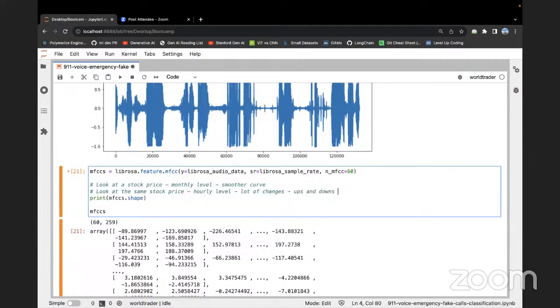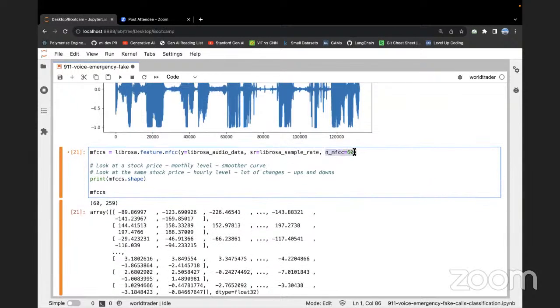Make sense, guys, all of you? If I look at a shorter time interval, I will see a lot of upward movement, downward movement, and a lot of jerks, breaks, ups and downs. But if I look at it from a larger perspective, I will see a very smooth, consistent curve. So this particular parameter affects the features that way.